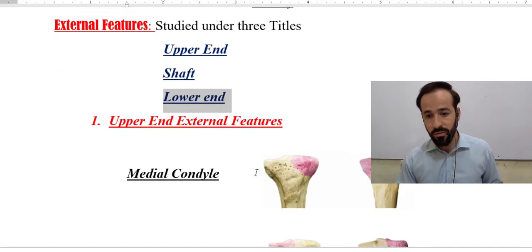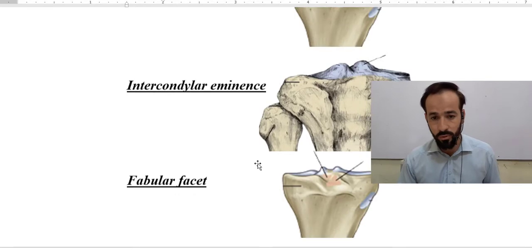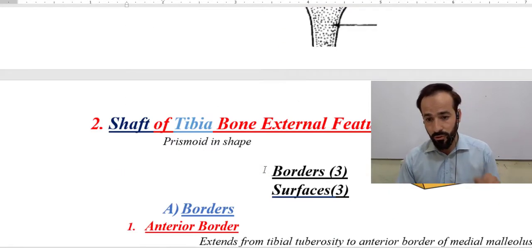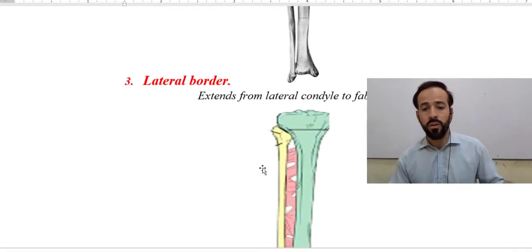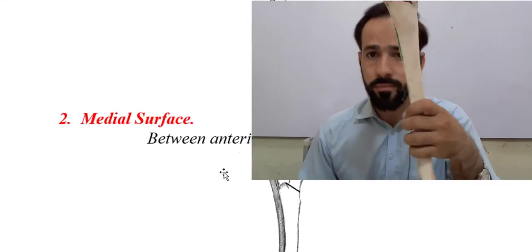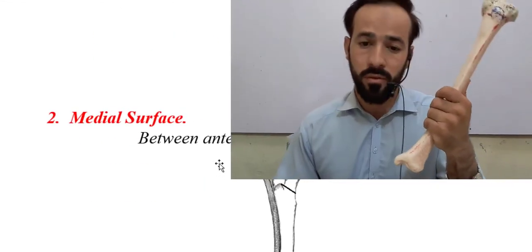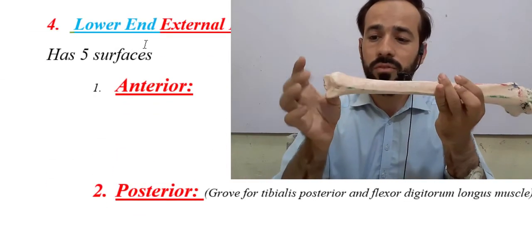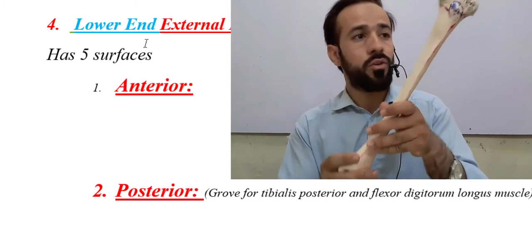As you can see, all these features we have already discussed, about the upper end and then the shaft of the tibia. Now we will discuss the lower end of the tibia bone. We will mention all its important features, and then we will see them on this bone, right?